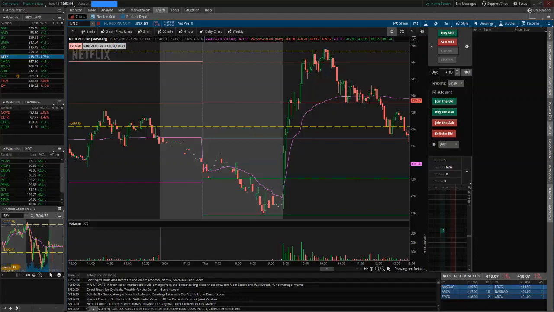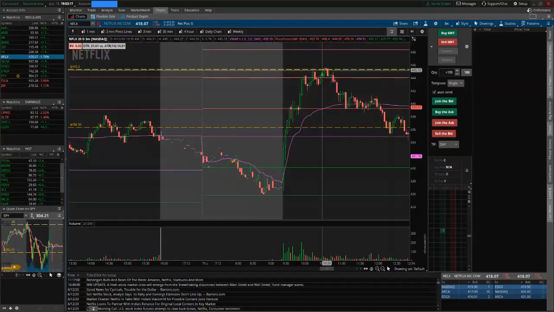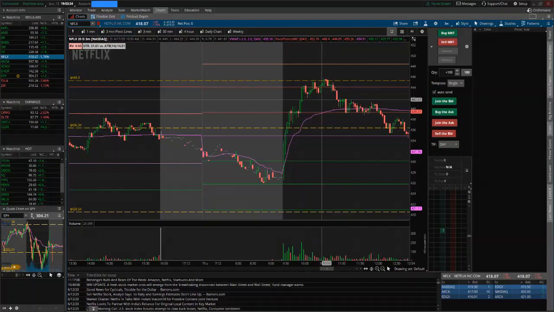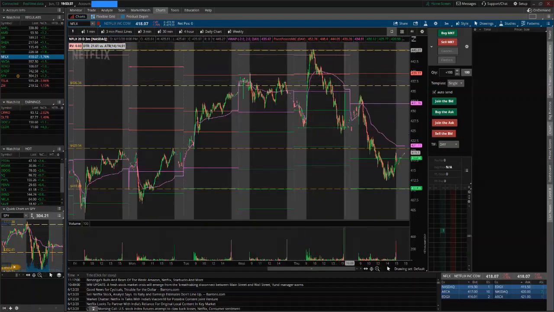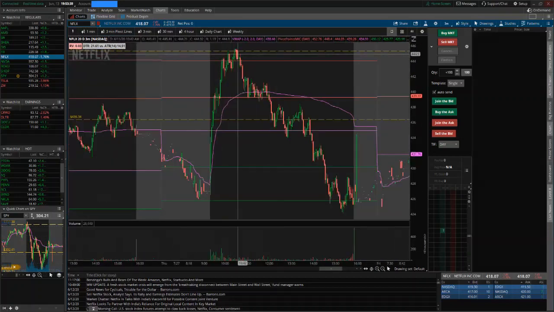So if it blew through my line here, I would probably be getting out around 447. It very well could come up to this pivot, test it, and sell off, but I'm not going to stick around to hope. So this was a great line. We hit that, and it happened to just end up being an all-day fade, which doesn't always happen, but Thursday was a good day for that.